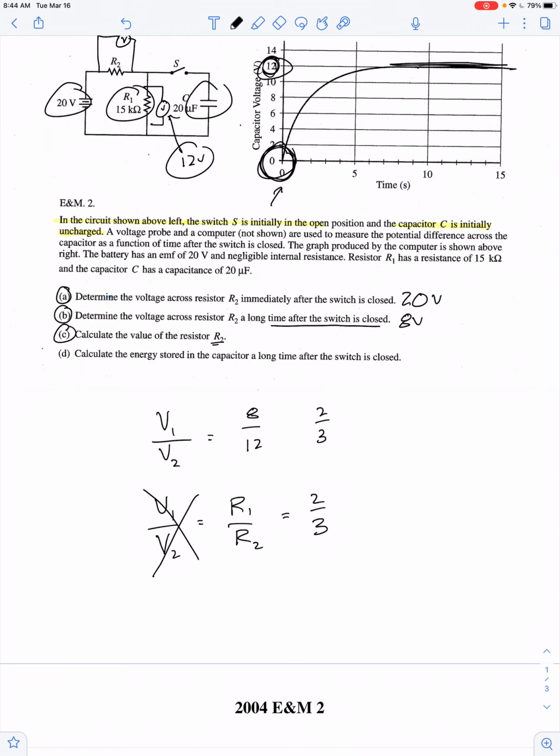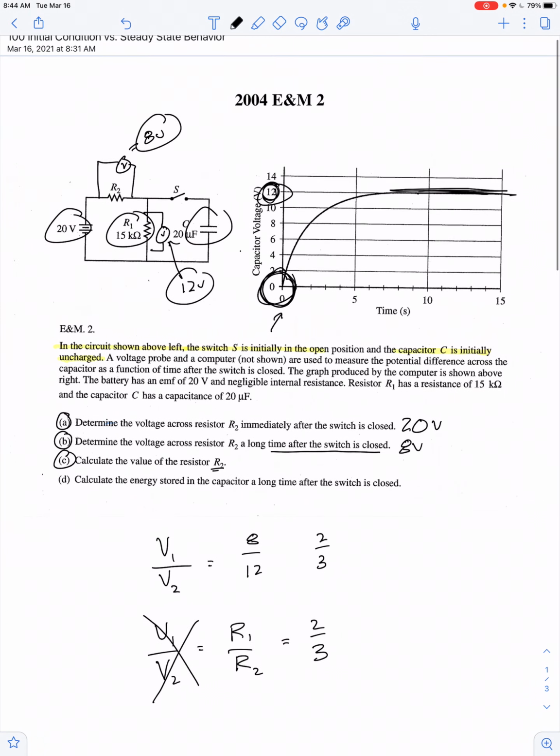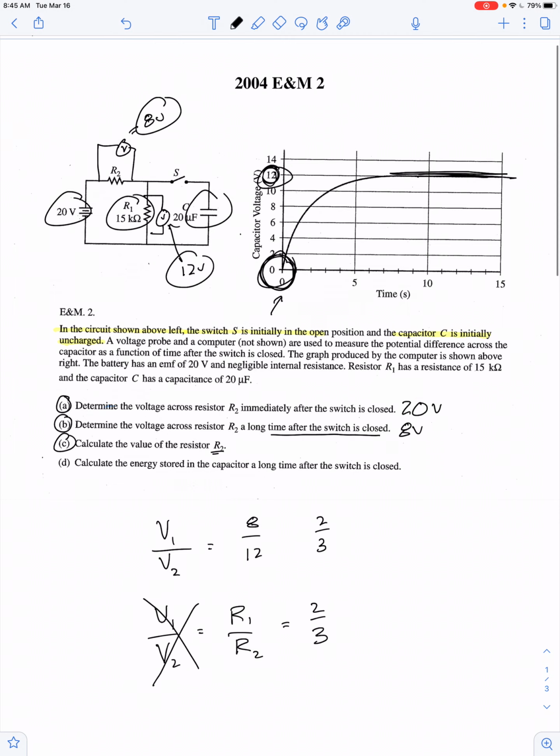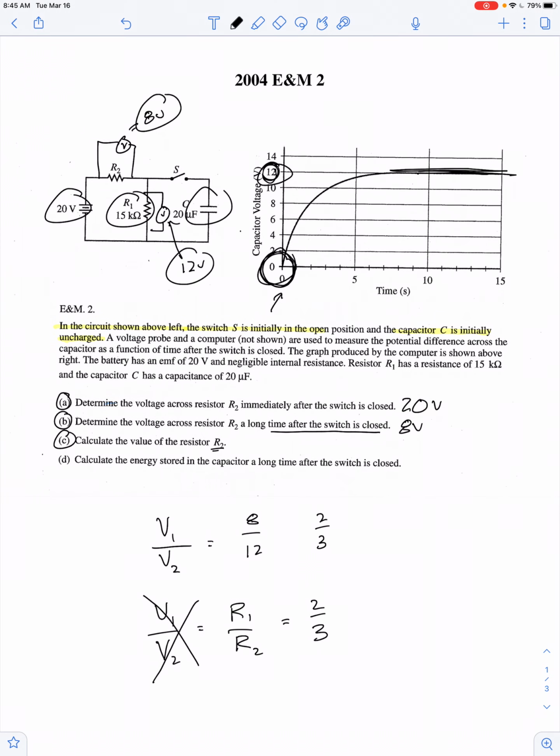Resistor number 1 is, well, boy, they sure chose some non-intuitive values for the subscripts. Seems more sense to me to refer to this as resistor number 1, and this one is resistor number 2. Anyway, so how about this?